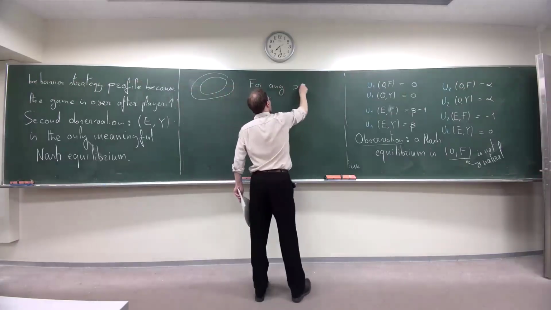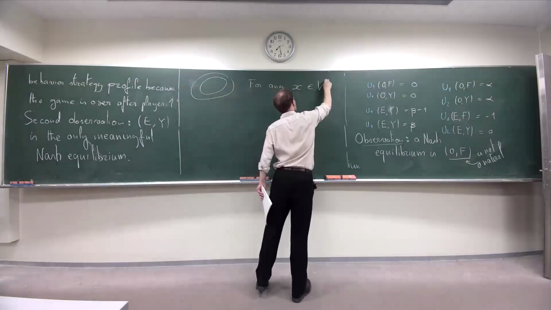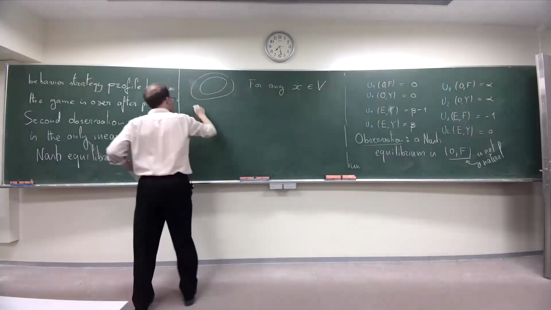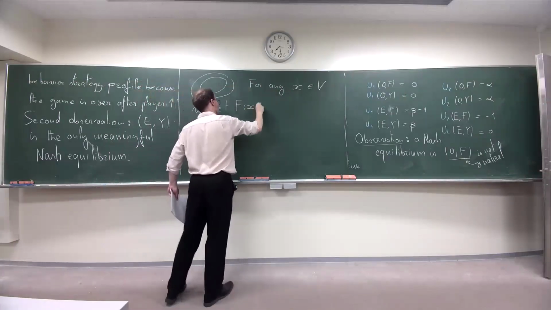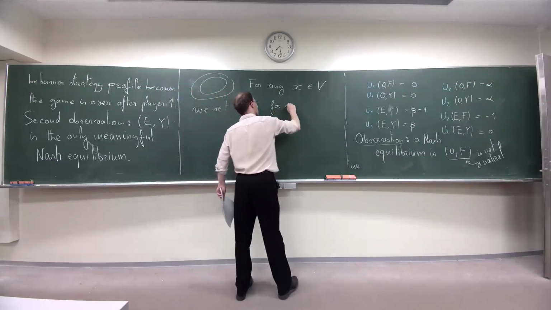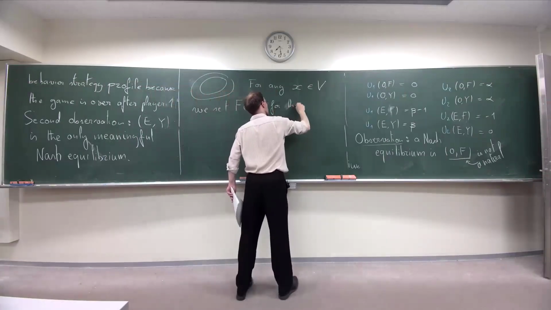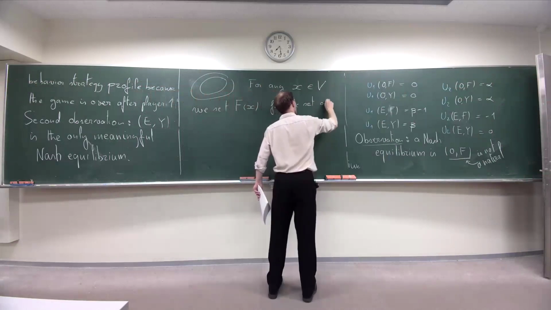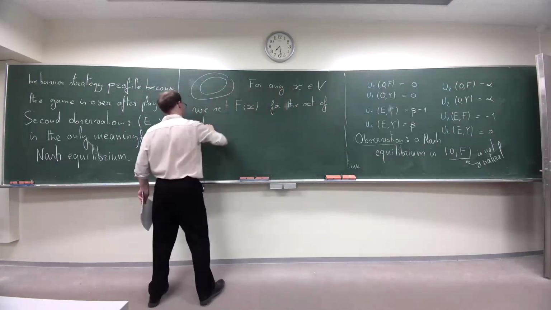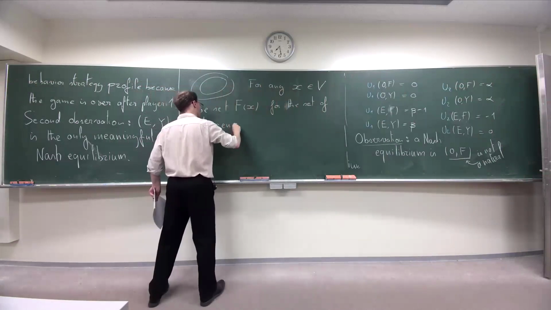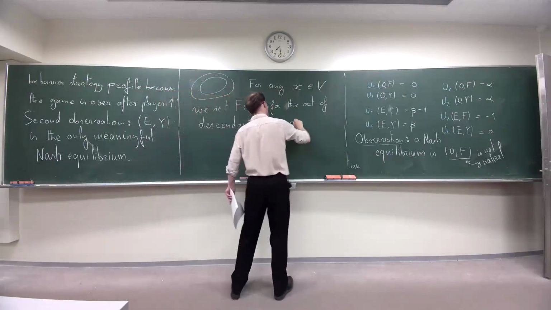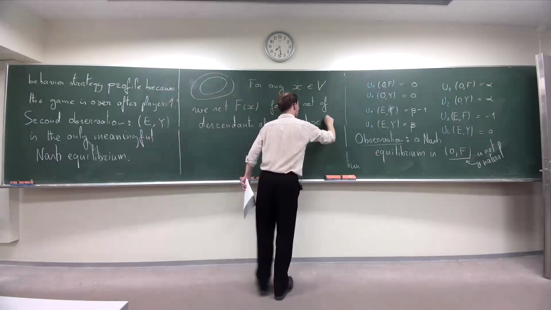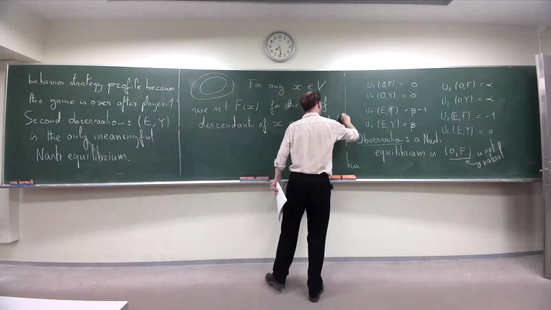For any x belonging to the set of vertices, we set f of x, I will make a picture, for the vertex, the set of descendants of x and x itself. So what do I mean by this?